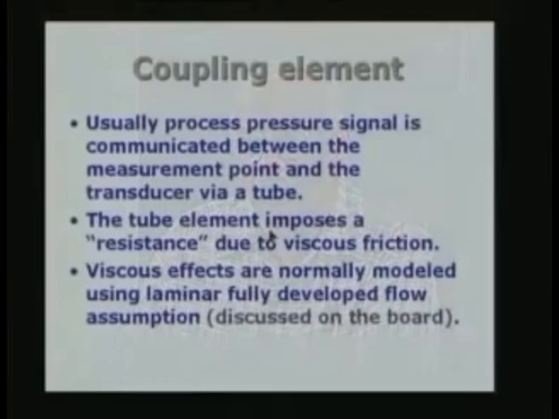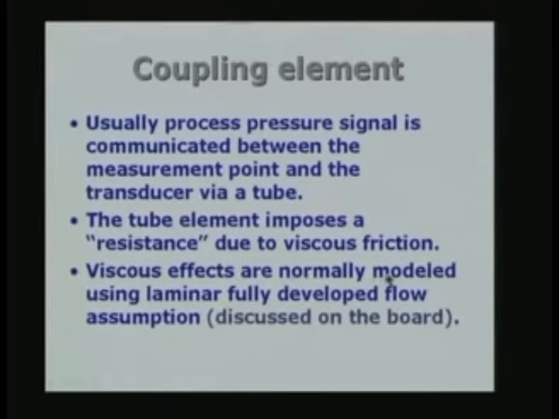And what we notice is that the tube element, as you see in the slide, imposes a resistance due to viscous friction. All fluids have viscosity, and when the fluid moves through the tube, it is going to experience a resistance to motion, which is because of the viscosity of the fluid.